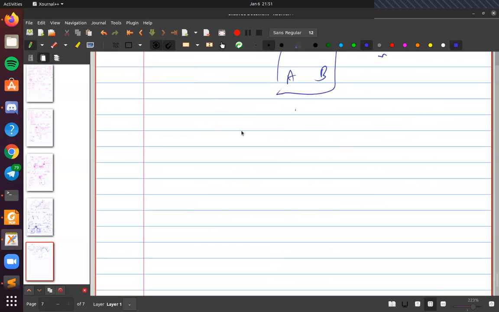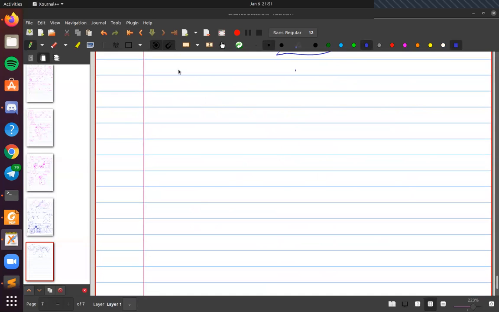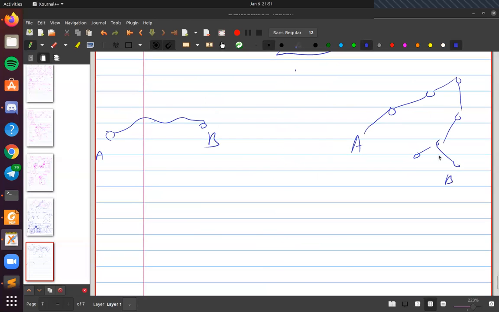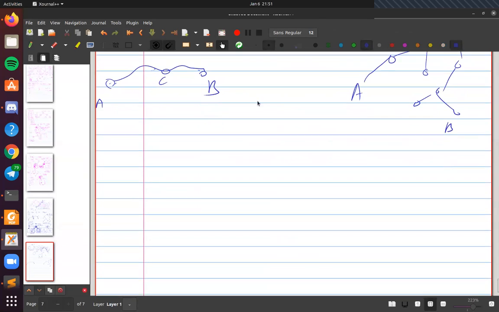Is it clear? I will repeat this again. We have the path A and B, and A and B are present somewhere in this centroid tree, and our claim is this node C, which is the LCA of A and B, lies in the path from A to B. So what is our proof?